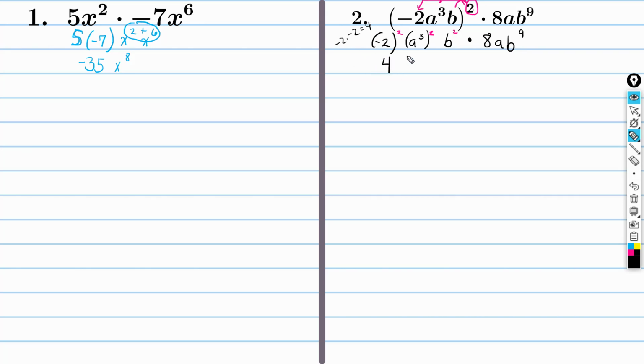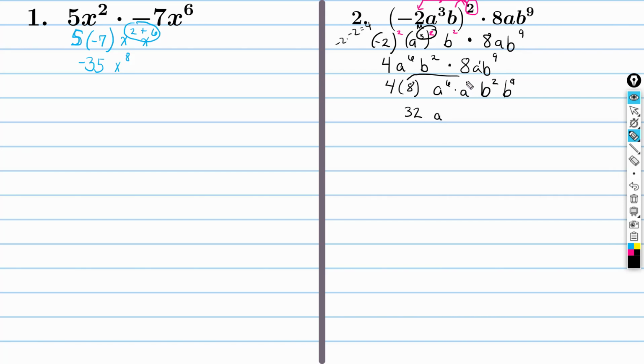So I have 4. I'm going to take these two exponents and multiply them. So a to the 6th, b to the 2nd, times 8ab to the 9th. I'm going to regroup, move my 4, and my 8 is going to come over here and join it. And then my a to the 6th is going to get joined by the a to the first, and b to the second is going to join the b to the ninth. 4 times 8 is 32.